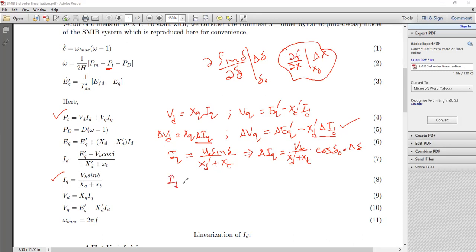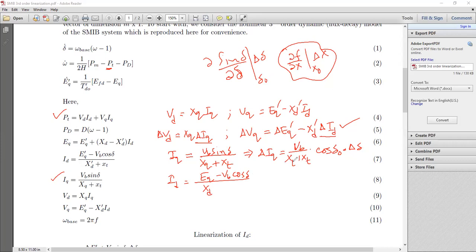What about ID? ID is not this one. So what is ID? ID, we have EQ dash minus VB cosine delta divided by, oh, I think I made a mistake here. Sorry for that. Let me erase this. This is XQ plus XT.